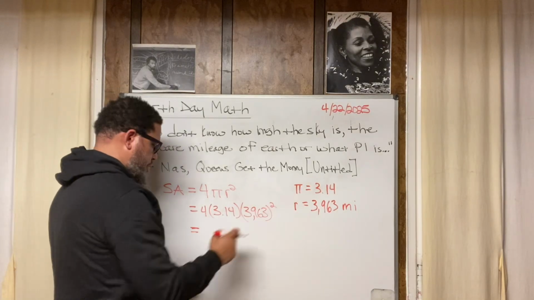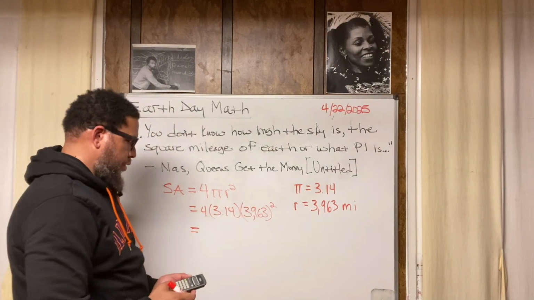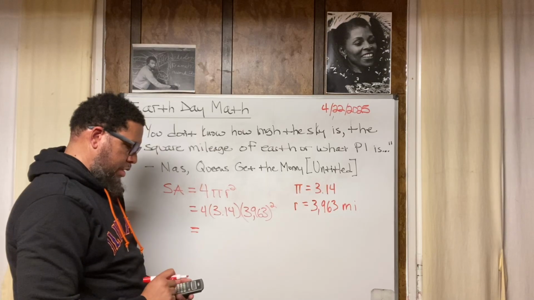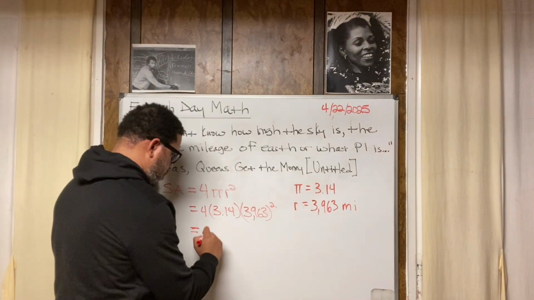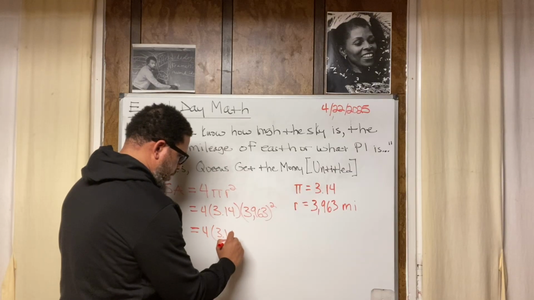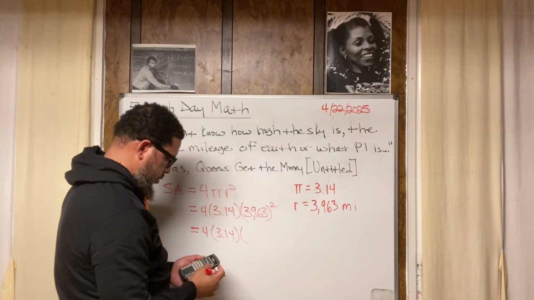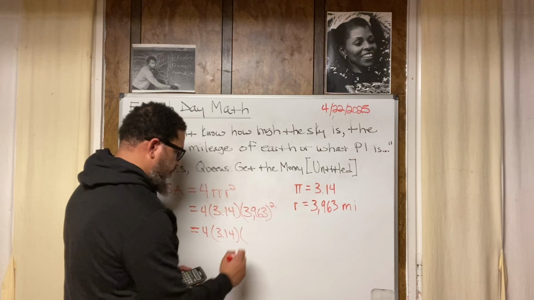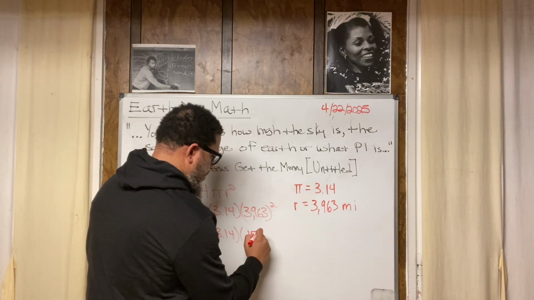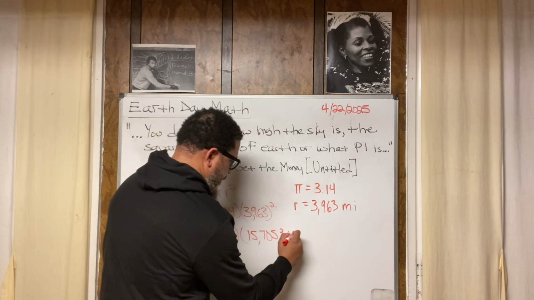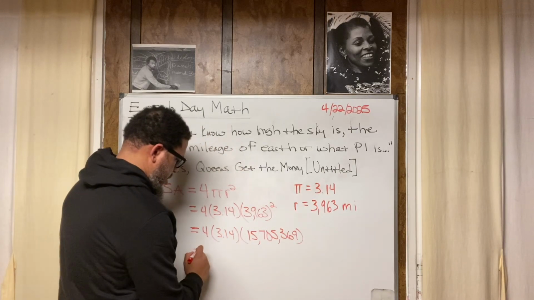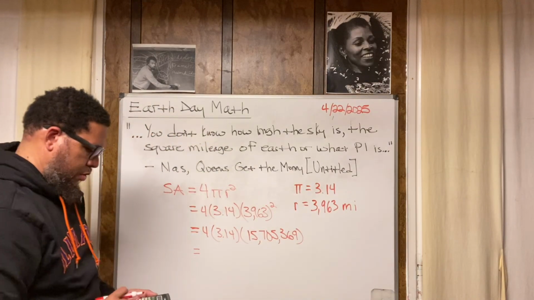Let's deal with this exponent first. 3,963 squared, that's a pretty large number. That's going to be like 15 million: 15,705,369.